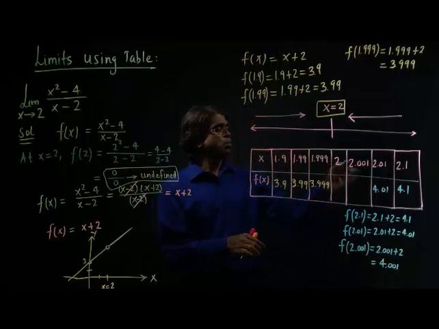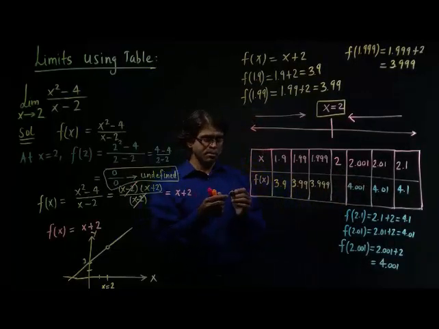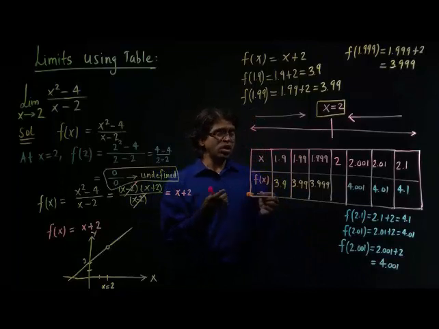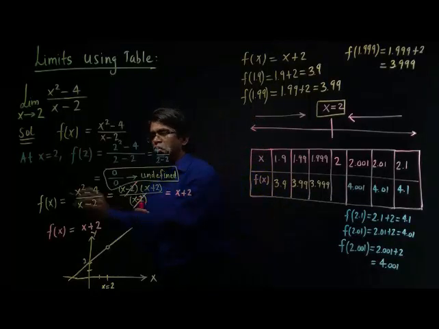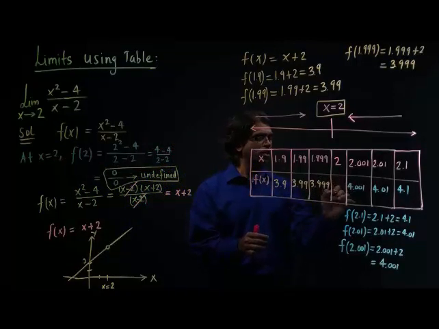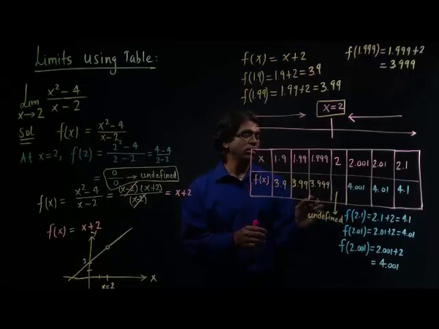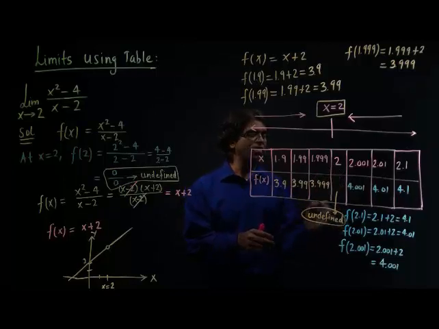So at 2.001, the value of the function is 4.001, right? And if you remember, the value of the function at 2 was undefined. So at 2, the function is undefined.